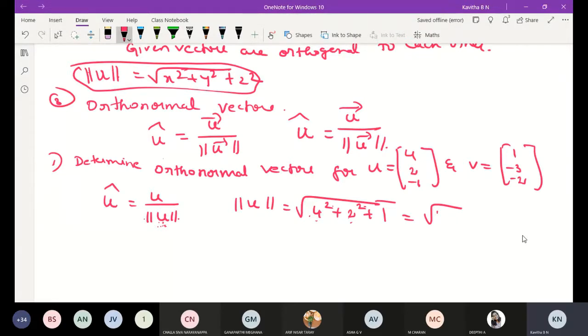Tell me what is the answer here? Root 21, ma'am.